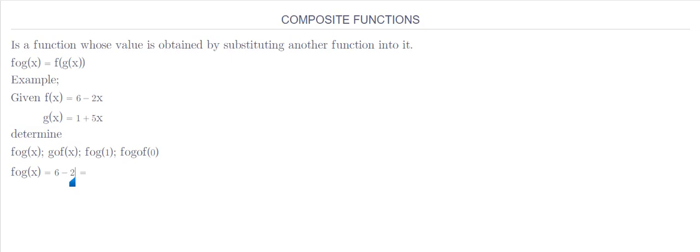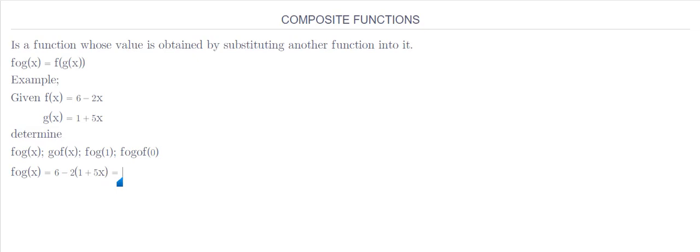If g had a denominator or a power, you take the whole function the way it is and substitute it there. So we are supposed to have 6 minus 2, and rather than writing this x, we are going to write 1 plus 5x.